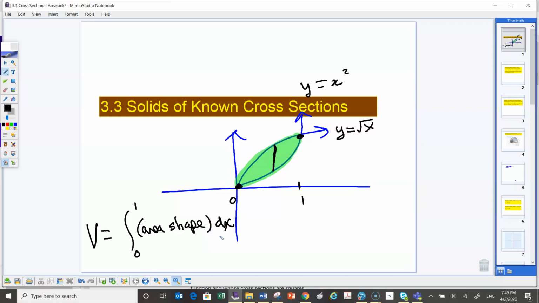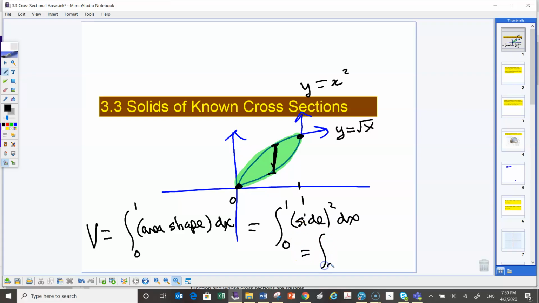In this particular case, the area is a square. So this line is the base of a square, and the area of a square is side length squared. So it's going to be the integral from 0 to 1 of whatever the side length is squared. And to figure out the side length, it's simply the top of that slice minus the bottom of that slice.